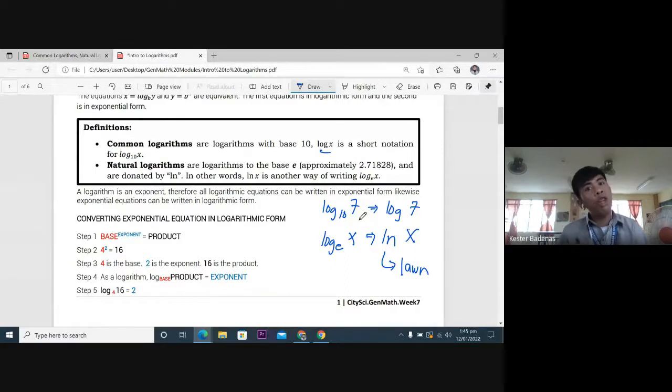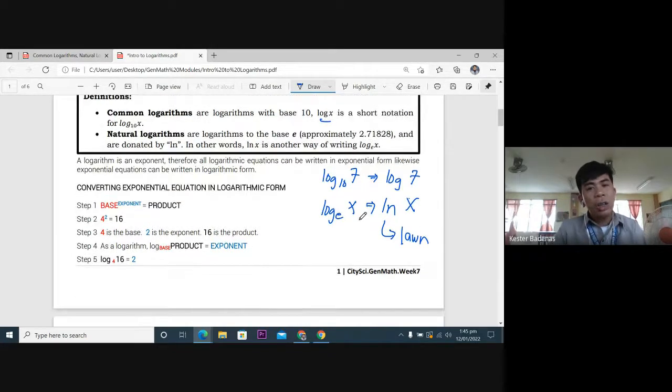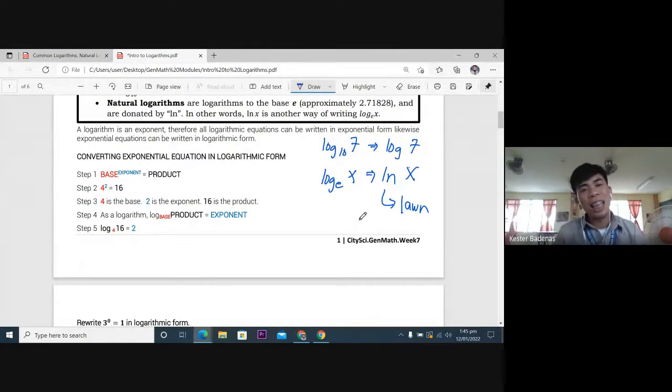So if we have logarithm of x with the base e, instead of using logarithm with the base e, we will use ln of x instead. Okay? So, tandaan nyo class, kapag base 10, wag nyo na isulat yung 10. Kapag base e siya, instead na log e, magiging ln siya. Kailangan siya i-discuss agad kasi baka ma-encounter na siya in the later logarithms.